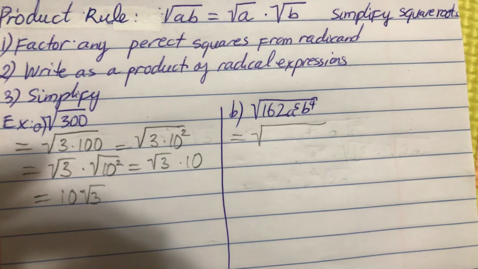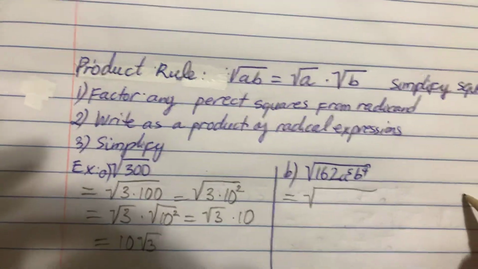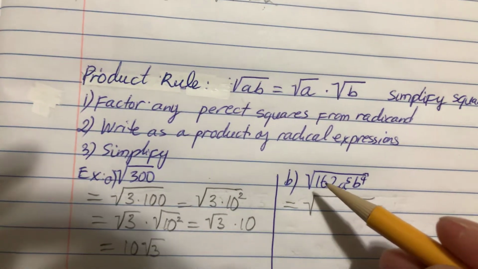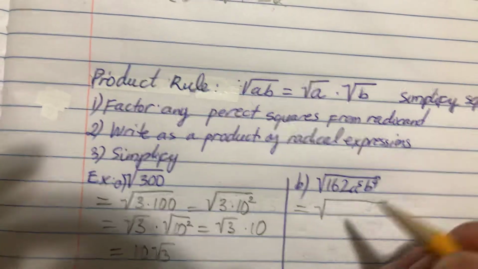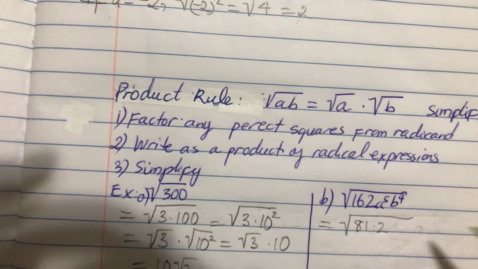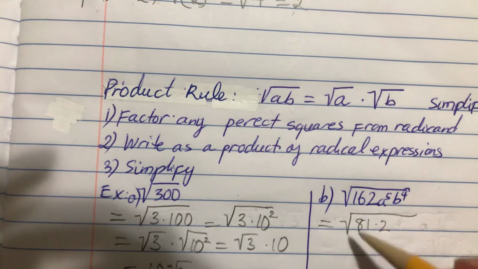Since this is an even number, I can divide by 2. So since I divide by 2, I have 81 times 2. 81, I know it is a perfect square.